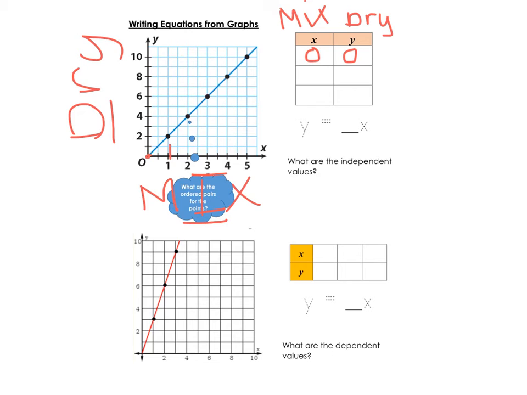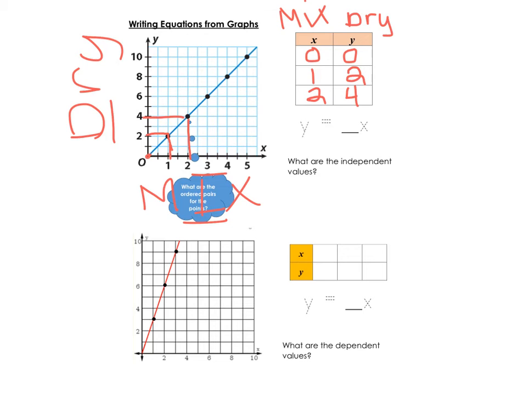When x is 1, y is 2. So I'm going to put 1 for my x and 2 for my y. When x is 2, y is 4. Okay, I put enough information in there for me to check it twice. So now I need to figure out, how am I getting from x to y?